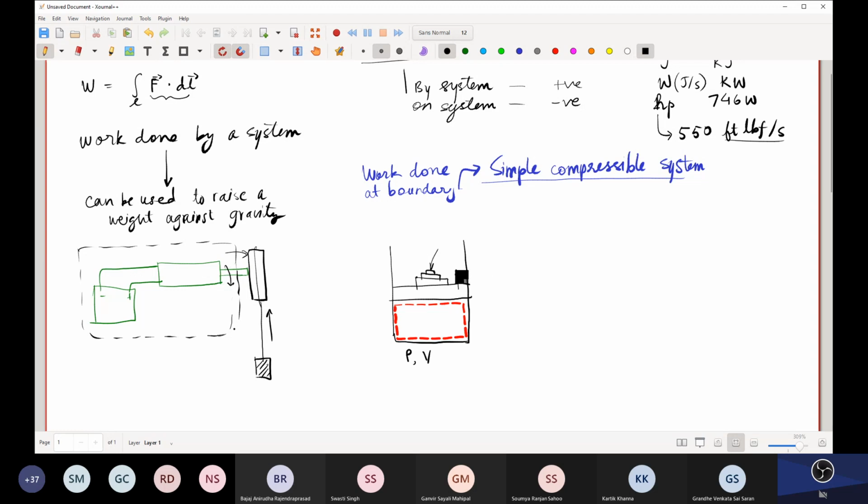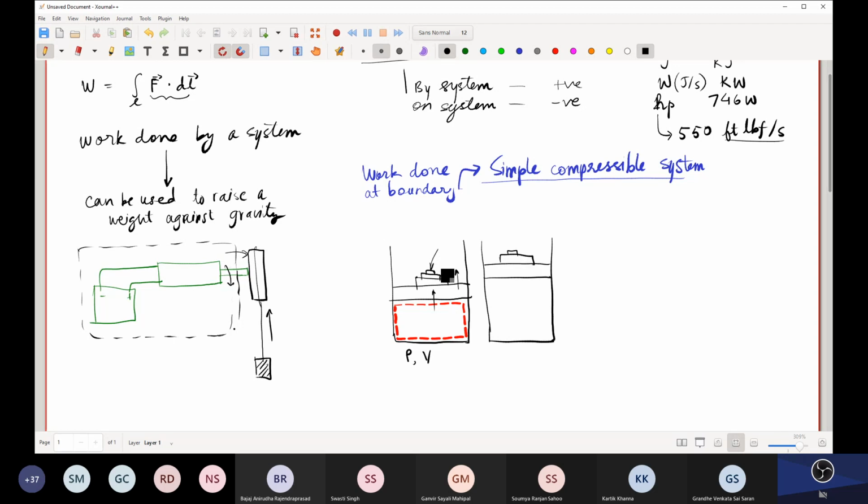The piston will go up because you have reduced the amount of pressure acting on the system, and so the system can push the piston upwards. Consequently, the pressure inside will drop. It will come to the equilibrium pressure.